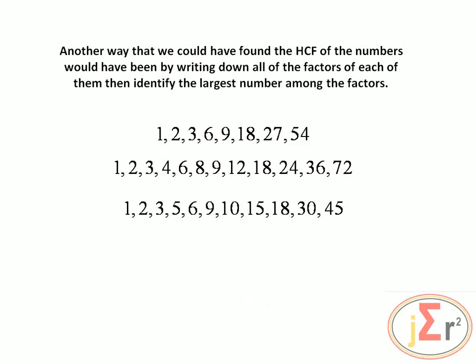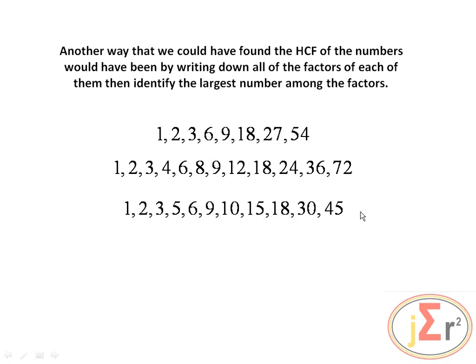There we have all of the factors of 54, all of the factors of 72, and all, well, not quite all, of the factors of 90, because we did not continue to put the rest of the factors of 90, which is of course 90.